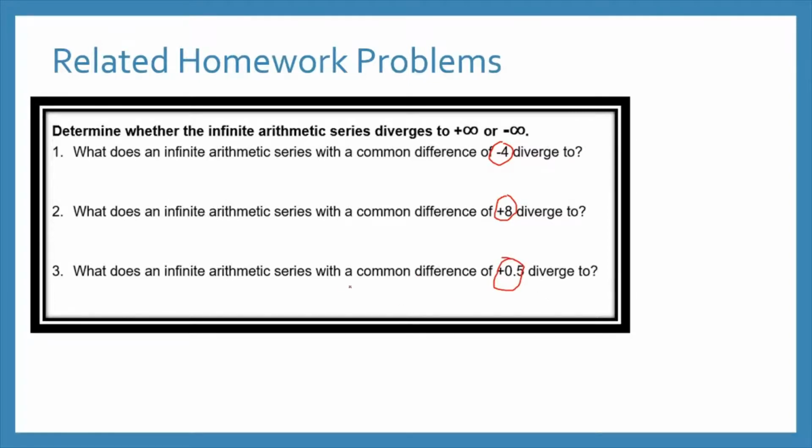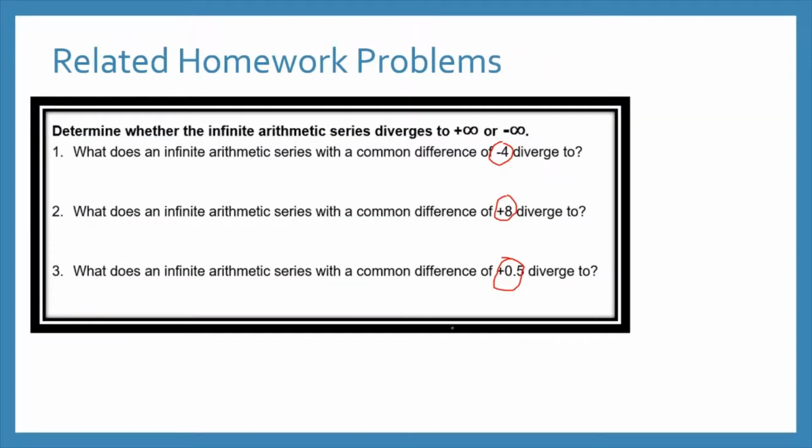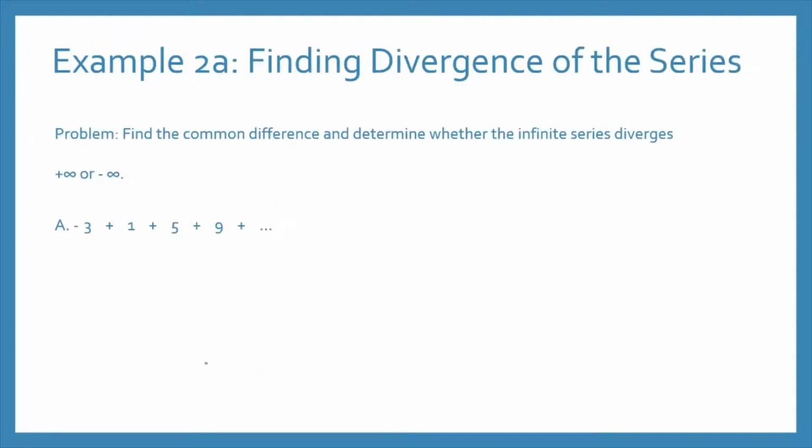And then again, you want to write out similar to this the rule: if d is greater than 0, or if d is less than 0, then the series goes to whatever value. Those problems are pretty simple. You can literally just write out the rule again and then write out what happens.